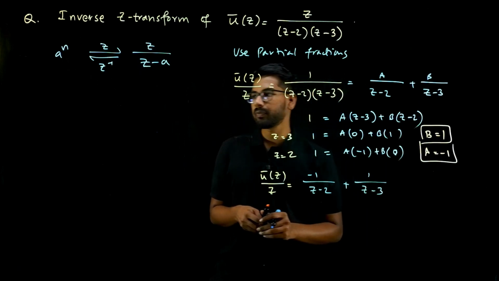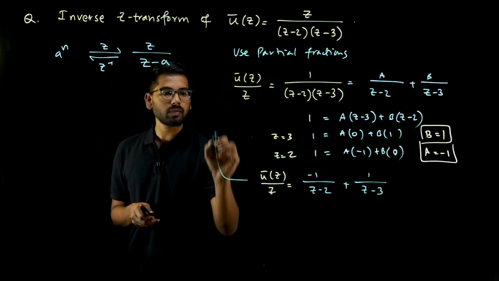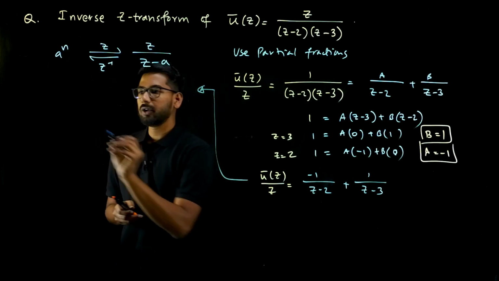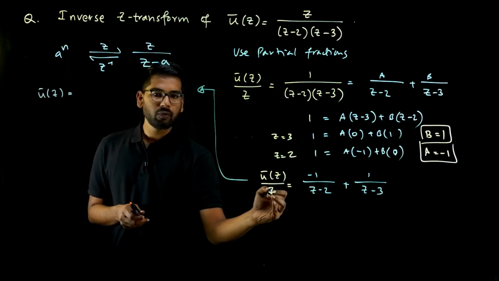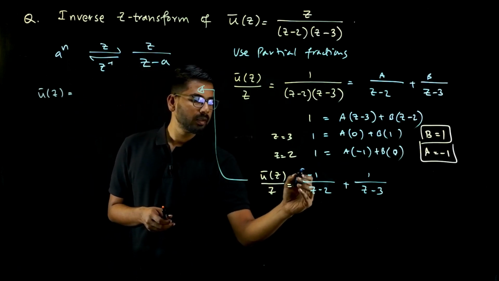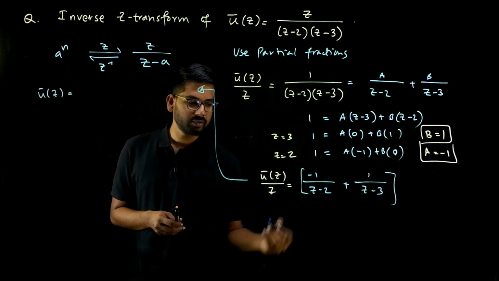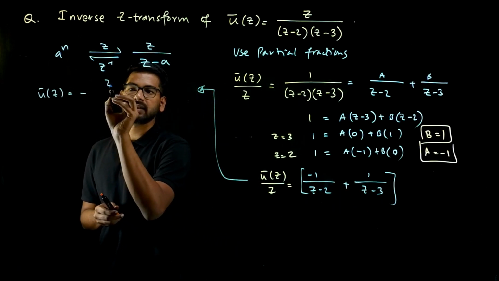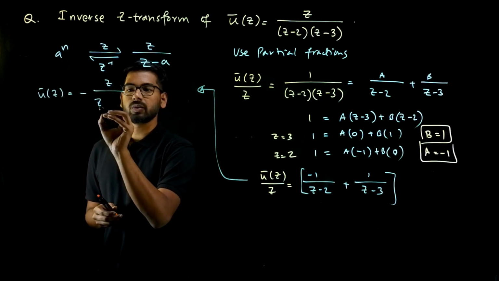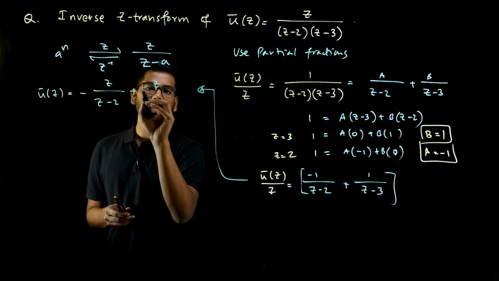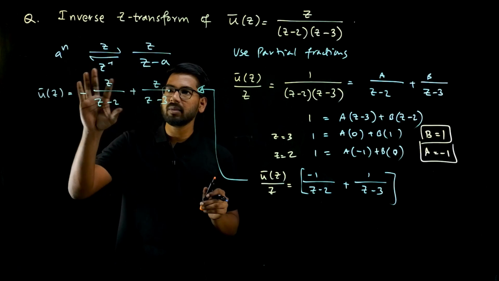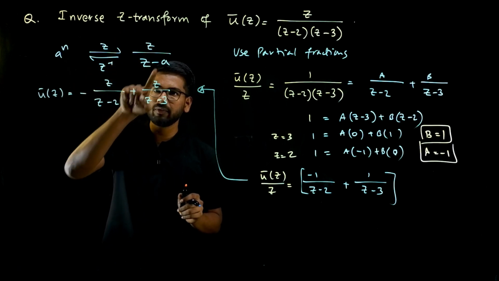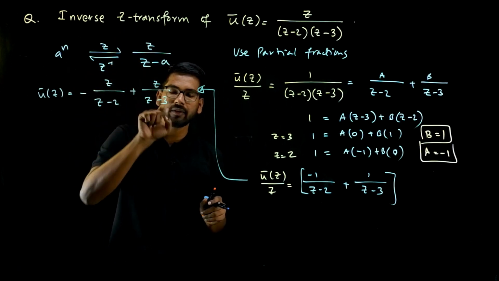Or you can write it like this: U bar of z is equal to, if you send this z to this side, it gets multiplied to both the numerators, minus z over z minus 2 plus z over z minus 3. See, this is the same as z over z minus a. In place of a, I have 2 here, and in place of a, I have 3 here.